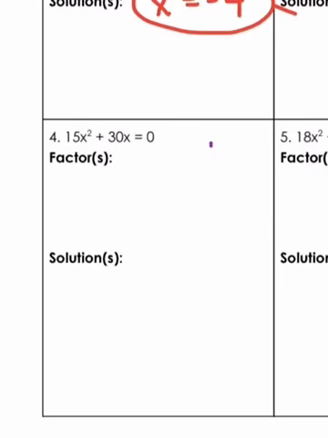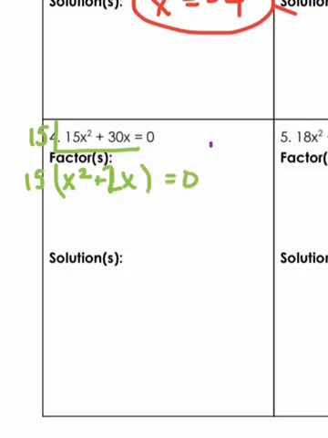All right, we're going to look for that GCF first. I can divide 15 and 30 by 15. 15 divided by 15 is 1, so we're just going to bring down our x's. And then we have 30 divided by 15 is 2 with the x. So we'd have a 15 on the outside.